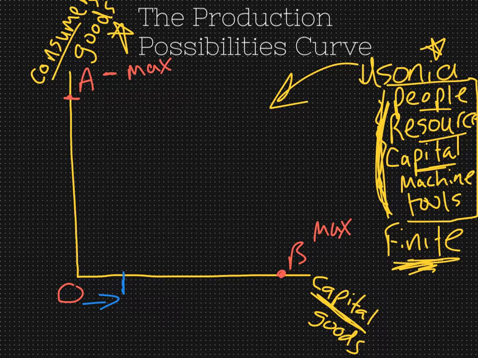Now, can they just decide, you know what, we're going to keep this amount of consumer goods and we're just going to get more capital goods? In other words, can they move to, let's say, this point right here? So they keep the same amount of consumer goods and they just make more capital goods. And let me take that one step further.